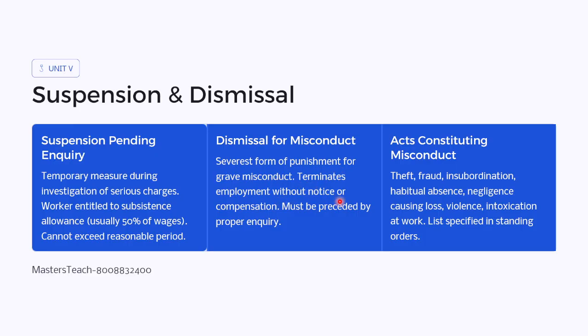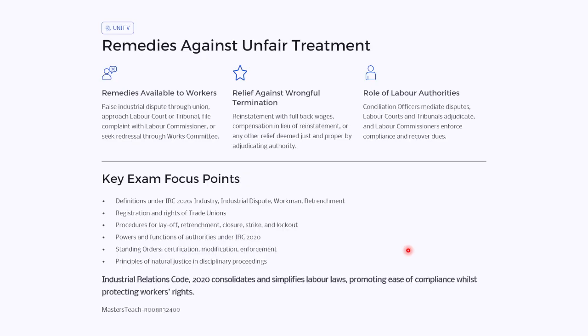It terminates employment without notice or compensation, and must be preceded by a proper inquiry. Acts constituting misconduct: theft, fraud, insubordination, habitual absence, negligence causing losses, violence, intoxication, and others listed in standing orders.